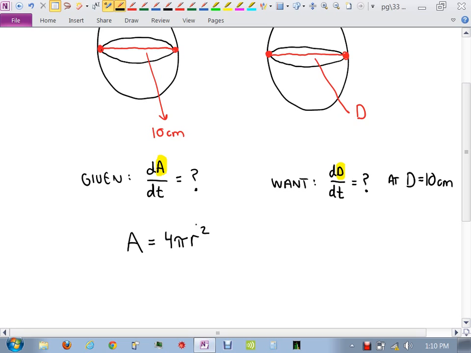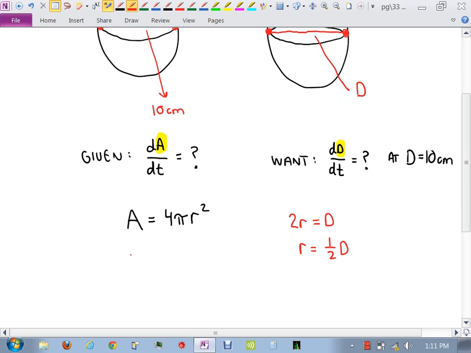However, I know the relationship between radius and diameter, don't I? If you take twice the radius, you get the diameter. So if I solve this for radius, the radius is half the diameter. So I could come back to this formula, area equals 4 pi, but instead of r squared, I could put 1/2 D squared.